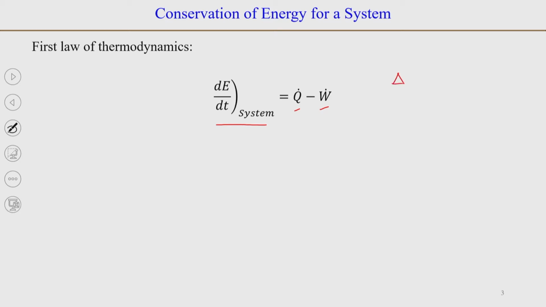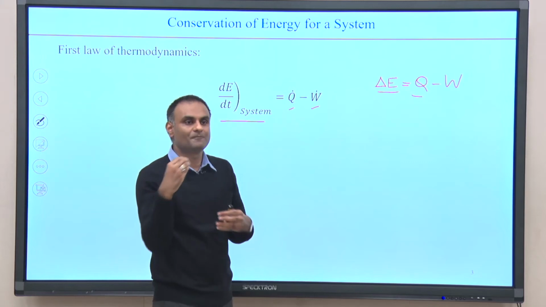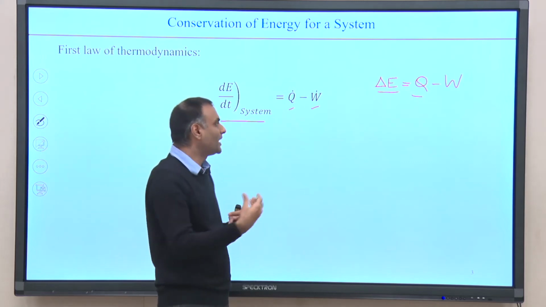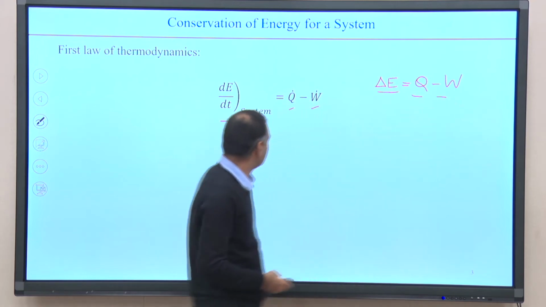The more familiar form of the first law of thermodynamics is delta E is equal to Q minus W, where delta E is the change in energy of the system, which is equal to the energy being supplied to the system minus the work done. The energy is being spent by the system to do the work, so that is why you see a minus sign there.